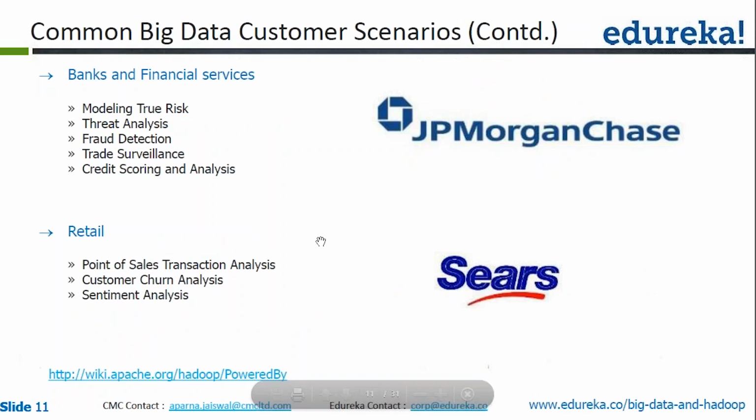Banks and financial services used to be laggards in adopting new technologies, but they have used it for the accessory things. For example, I want to identify whether a particular transaction is a bogus transaction or not.